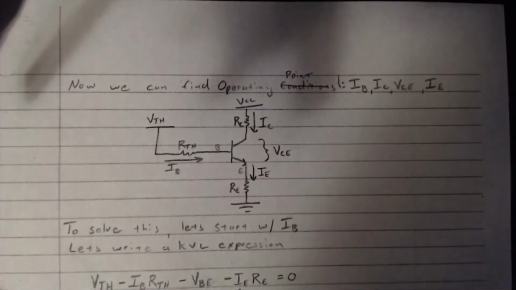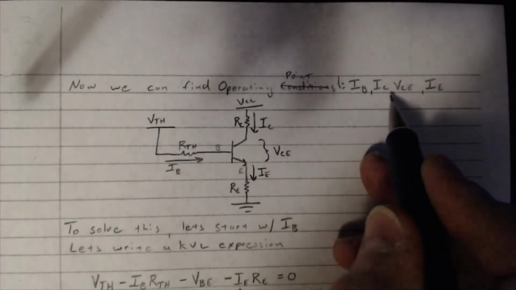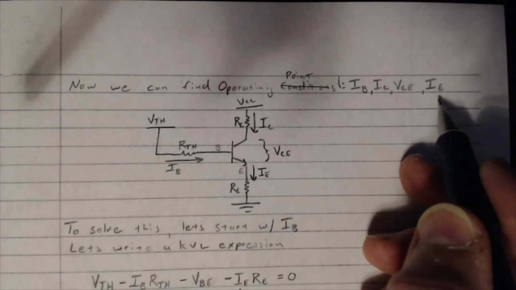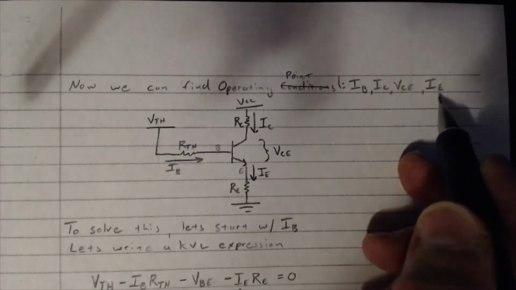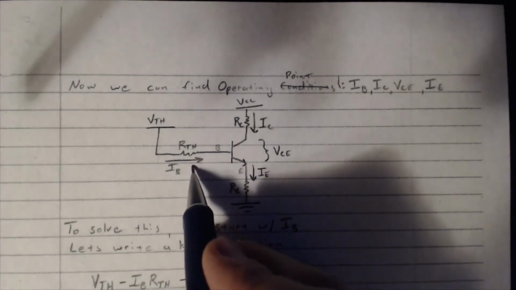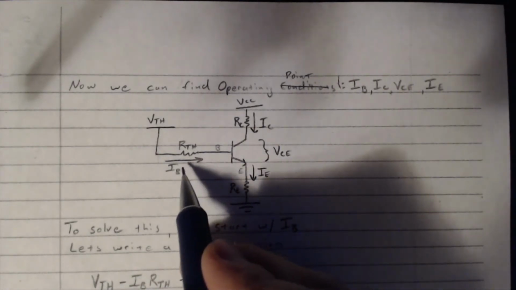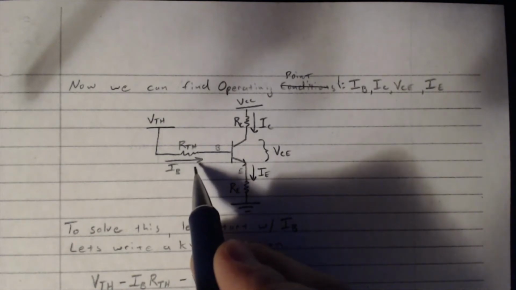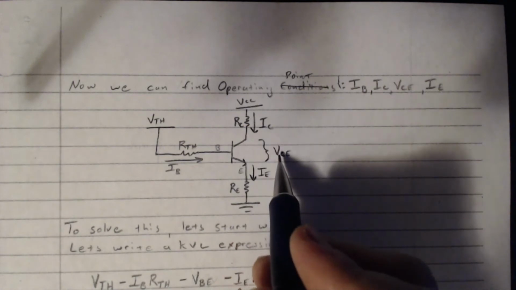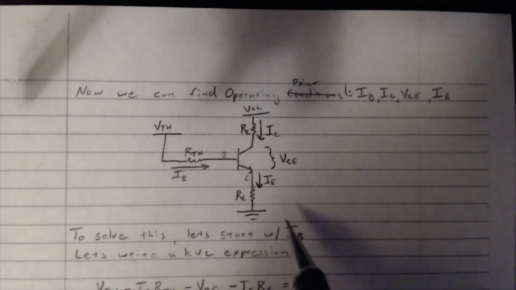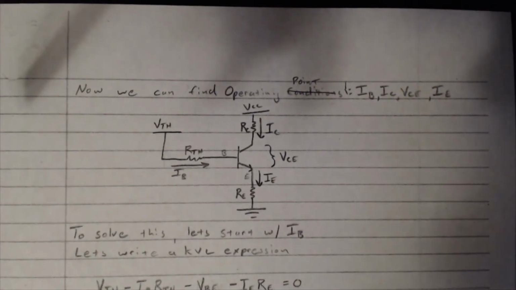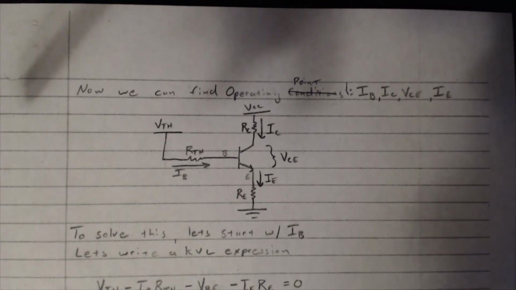But regardless, we're trying to find the base current, the collector current, the voltage between the collector and emitter, and I guess also the emitter current, right? So we're trying to find the base current. Once we find the base current, then we can figure out the collector current. Once we figure out the collector current, we can figure out VCE. So obviously we need to go ahead and step through our DC analysis steps.